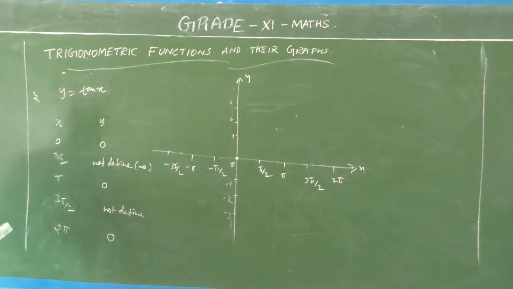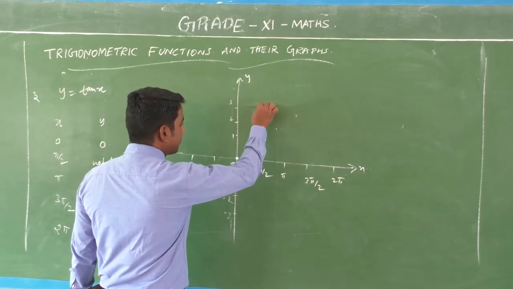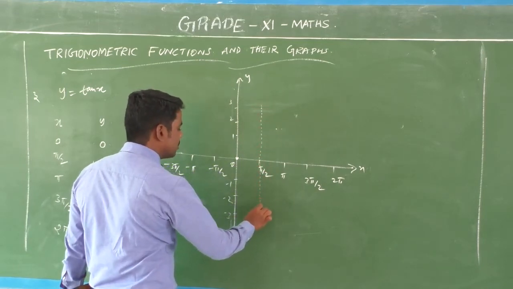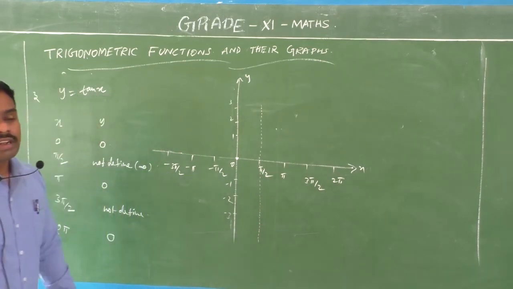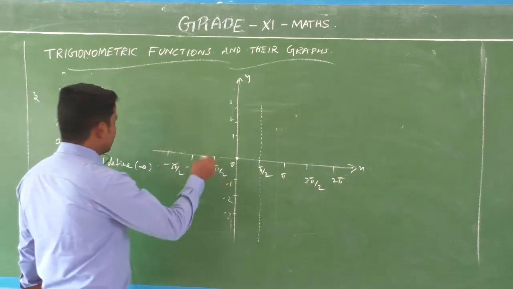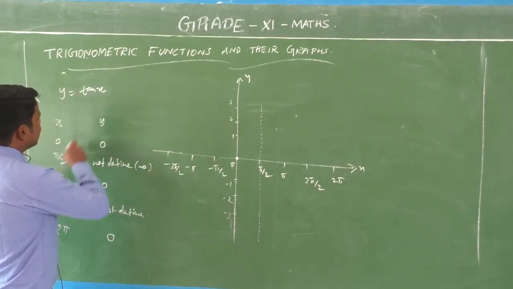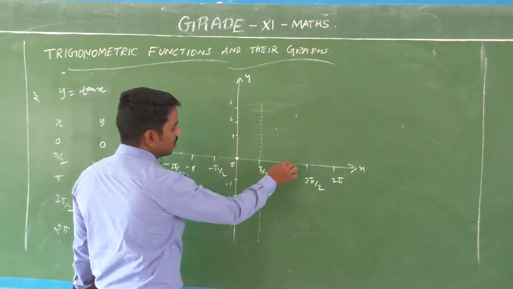Okay, right. Next, pi by 2 and not defined. At x equal to pi by 2, the curve y equal to tan x does not exist, that is not defined. Next, x equal to pi, then tan pi is equal to 0, this point.